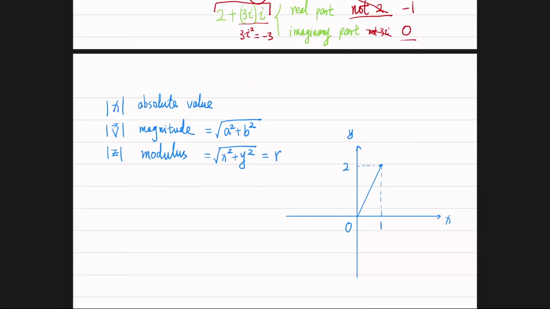Okay, so what is this complex number? You mean the point or the line?